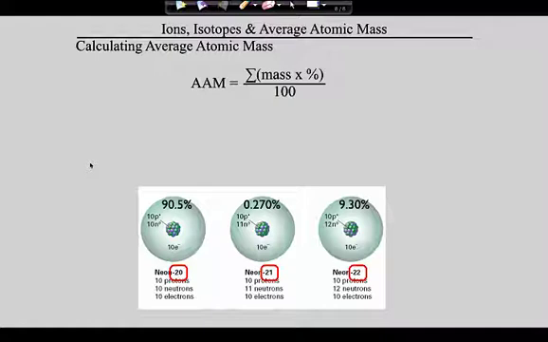So guys, here's what this equation says. It says AAM, which is average atomic mass, is equal to squiggly E times the quantity, mass times percentage, divided by 100. So guys, let's talk about squiggly E. Guys, squiggly E is actually a capital Greek letter.